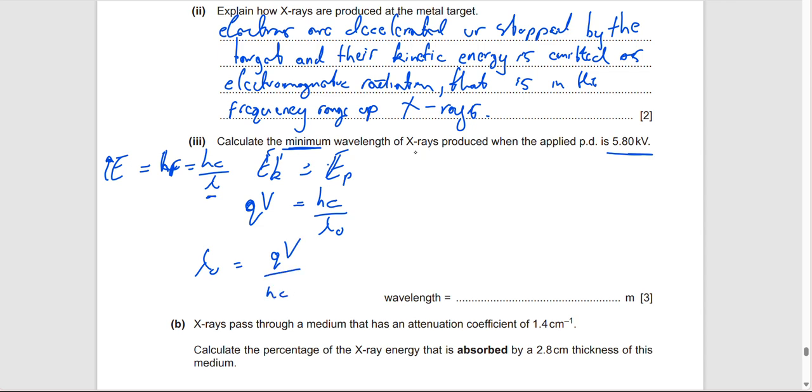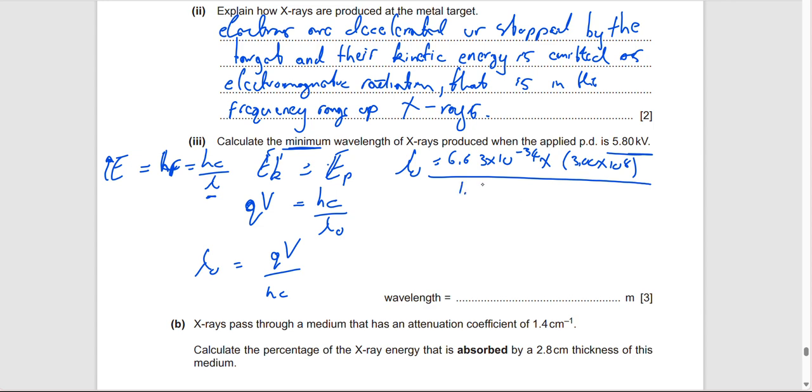We plug in our values. We have a value for h, 6.63 by 10 to the negative 34, multiplied by 3.00 by 10 to the 8 for the speed of light. And then we have the charge.